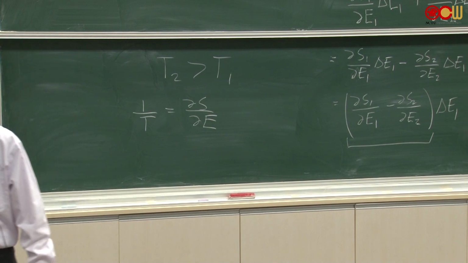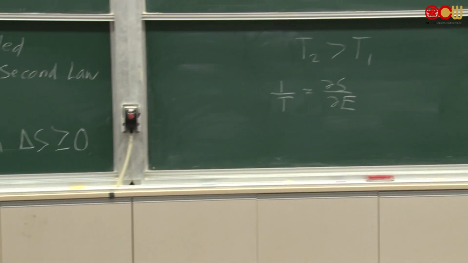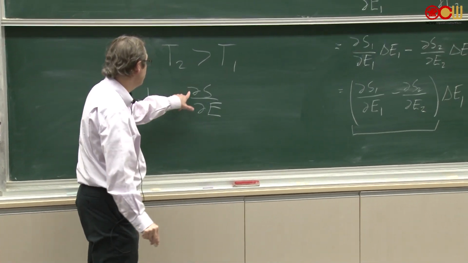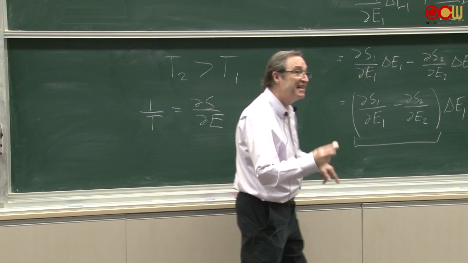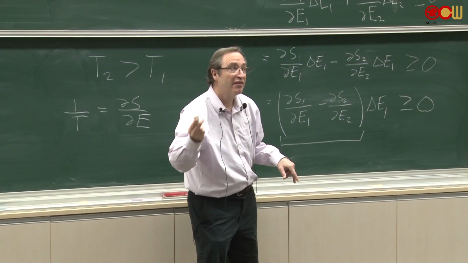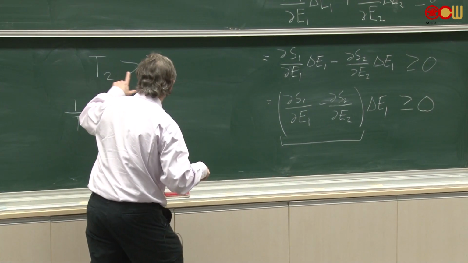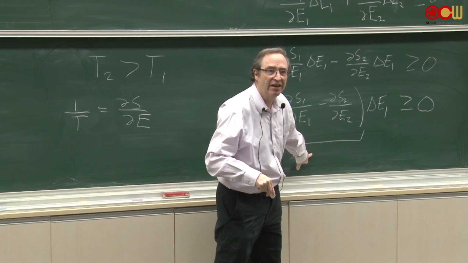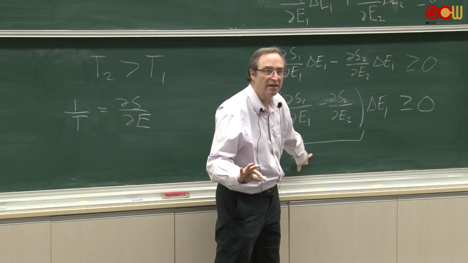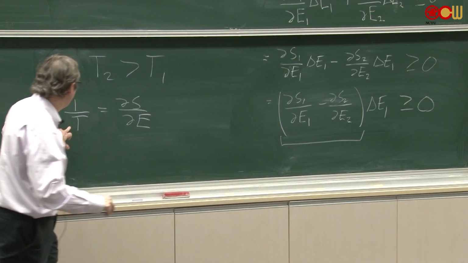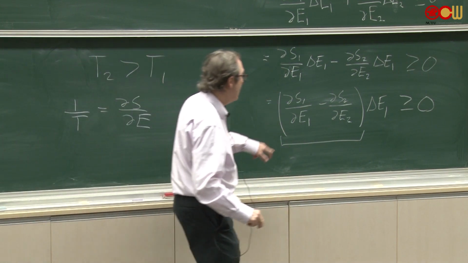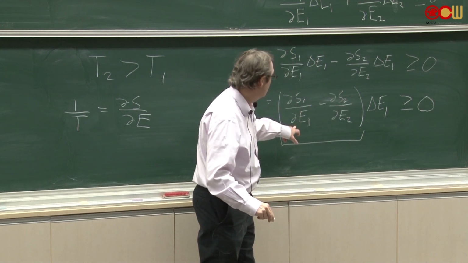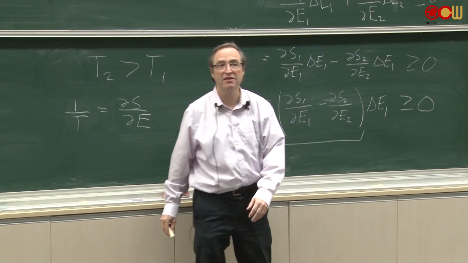Why 1 over T? Why not T? Well, let's say it was T. If T was equal to this, and T2 is bigger than T1, then that would make this quantity negative, and it can't be. But if it's 1 over T, and T2 is bigger, then this quantity is smaller than this, and this is positive.